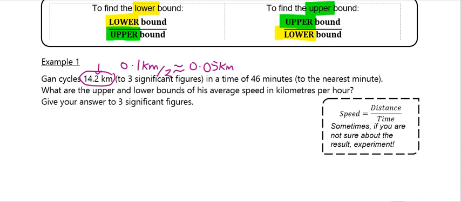And this is in a time of 46 minutes, to the nearest minute, so 1 minute divided by 2 gives 0.5 minute, right? The question is: what are the upper and the lower bounds of his average speed in kilometers per hour? Give your answer to three significant figures.